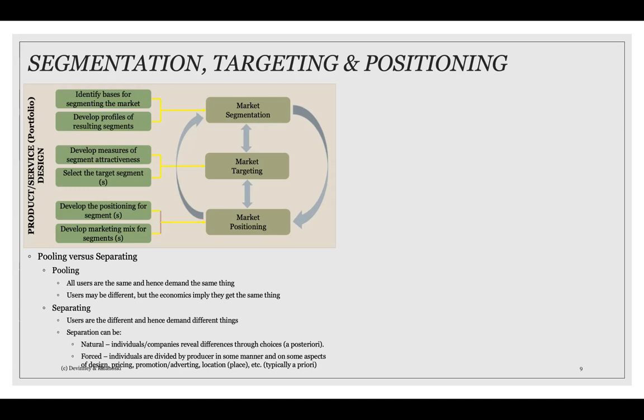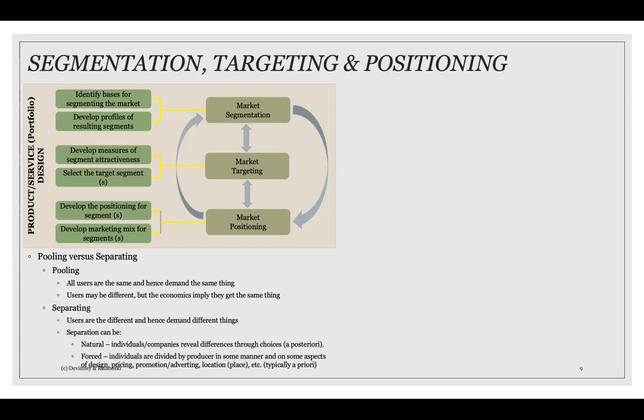There's a pooling equilibrium associated with segmentation, and that is, you might have a bunch of individuals who are very different, but the economics imply that they get the same thing. So it simply may be that you can't manufacture efficiently a variety in the product categories, and therefore everybody gets the same thing. The price would be too high if you tailored the products.